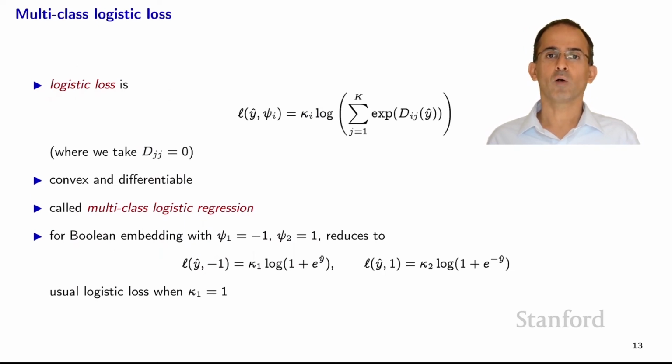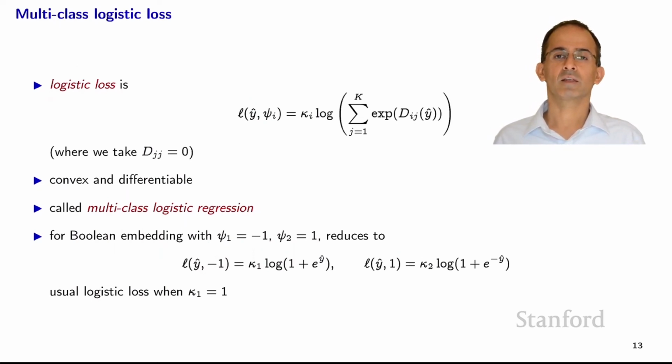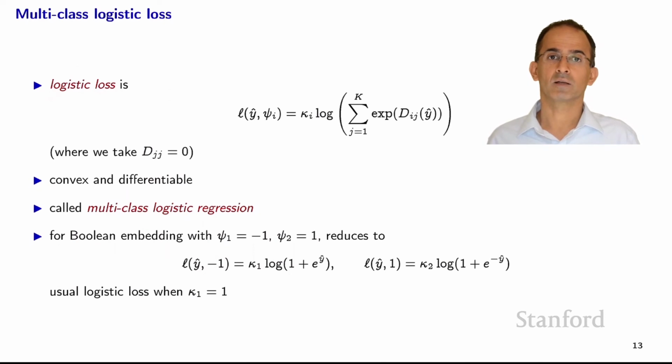So if all of the dij's are less than 0, then this is going to be the sum of e to the negative numbers, and so it'll be a relatively small quantity, and it will grow as the dij's grow. It's convex and differentiable. It's called a multiclass logistic loss, and if we use this as our loss function, we're doing multiclass logistic regression.